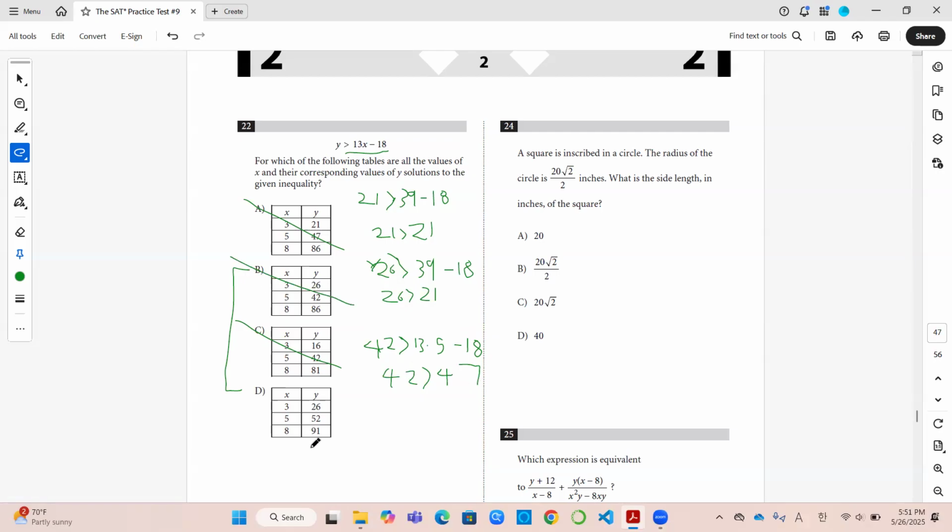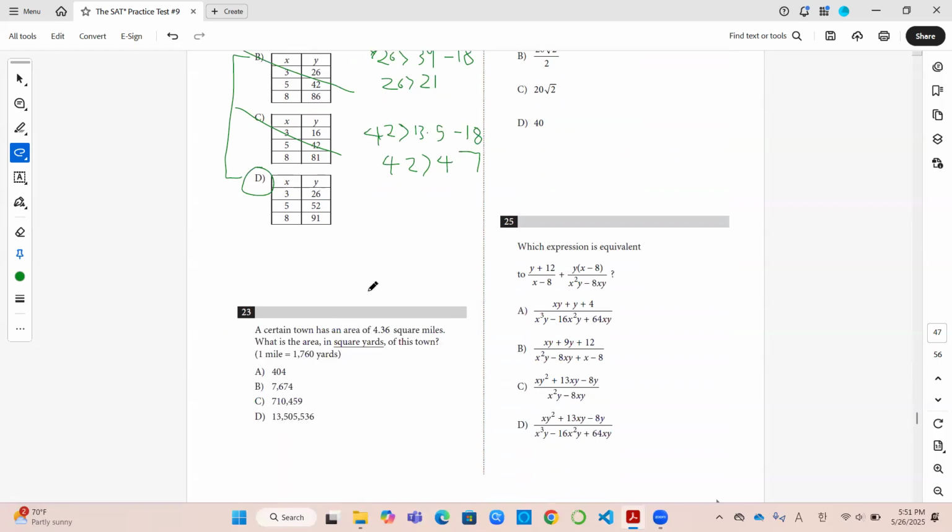So B is incorrect. D is correct. 52 is greater than 47. Sorry, I rushed question 22. This is just more of a plug and chug and see which table is correct. So yeah. Okay, question 23.